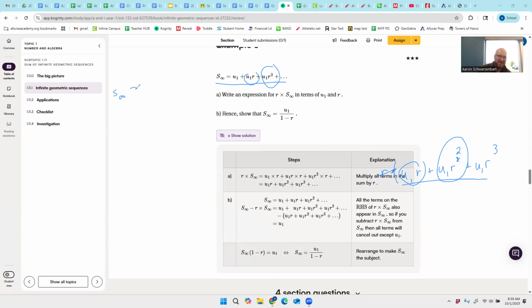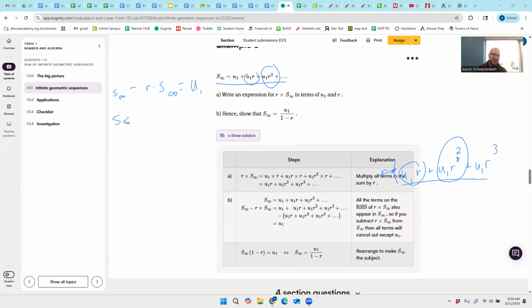So they did S infinity minus r times S infinity, which they should have given you a hint on. Technically this is the third, the fourth canceling out, but because this goes forever, it just doesn't matter. So when I subtract this, I've shifted it down one, and that equals u1.